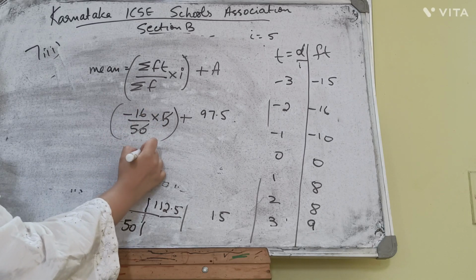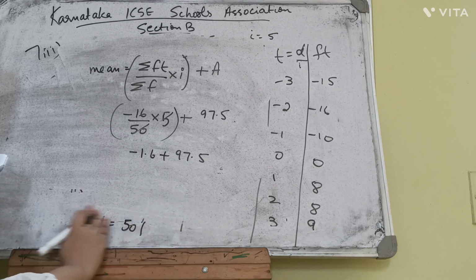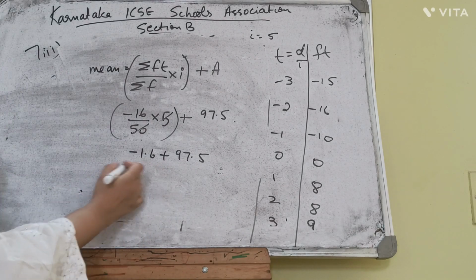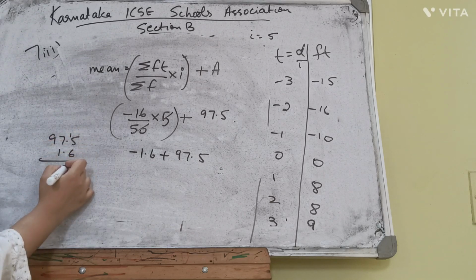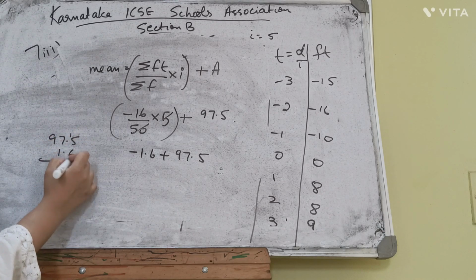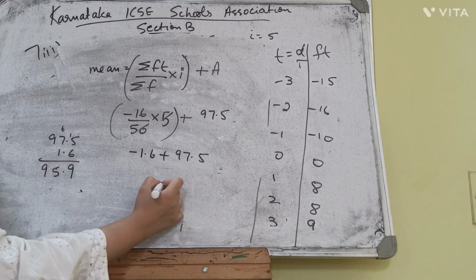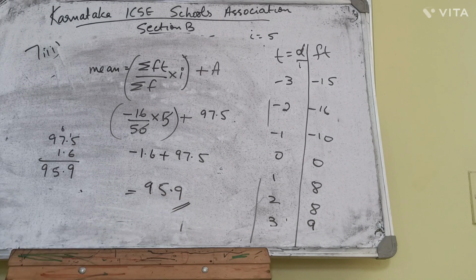So 5 ones are 5, 5 tens are 50. This will be minus 1.6 plus 97.5. Simplify this. So 97.5 minus 1.6 will be how much? 95.9 is the answer.